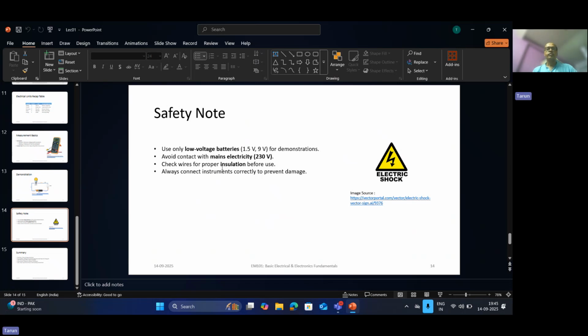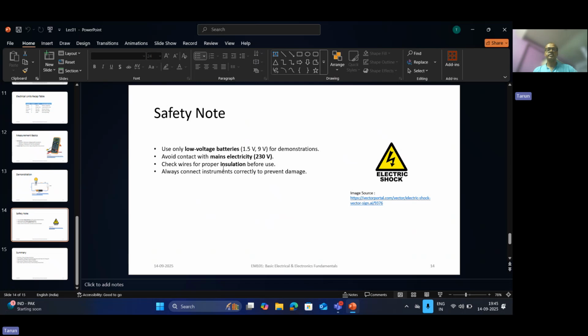Check wires for proper insulation before use. If there is any damage, then we can get an electric shock through the leakage, which is dangerous to our health. So we have to be conscious about proper insulation before use.